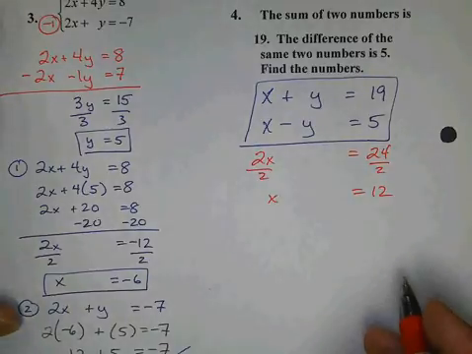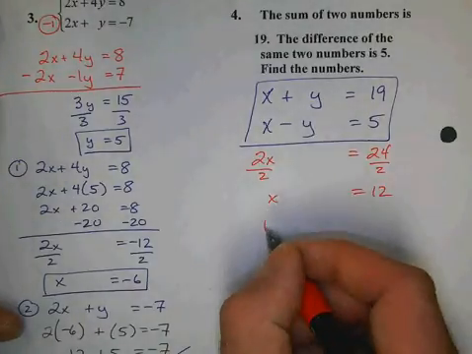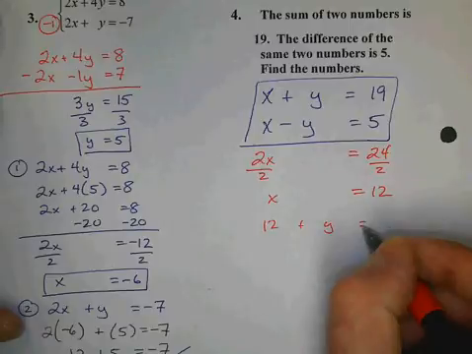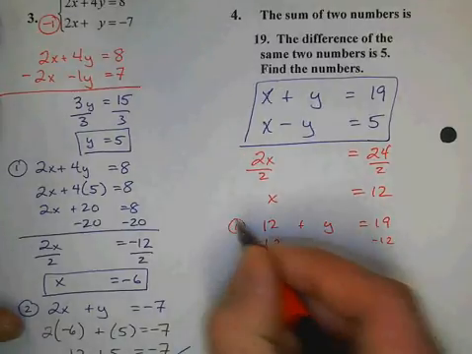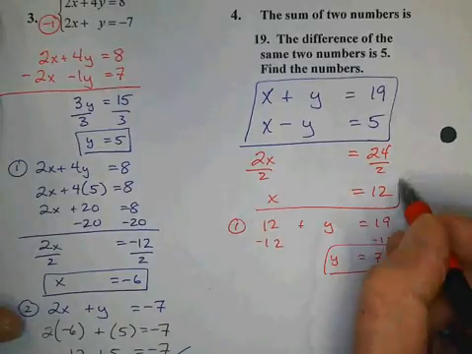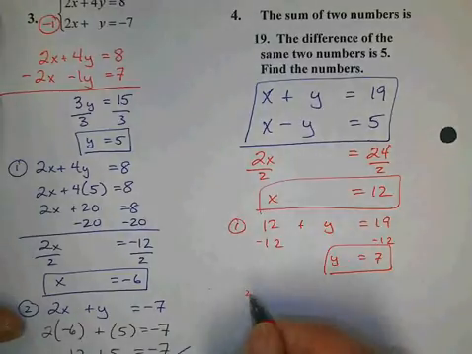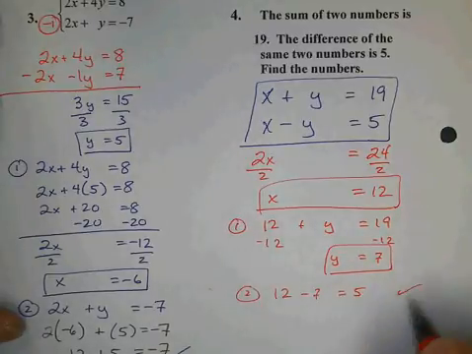Now, as we're looking at this, we kind of have to walk through it and say, oh, 12 plus y equals 19. Subtract 12, using equation 1. Y equals 7. And to check it, does 12 minus 7 equal 5? Well, you bet.